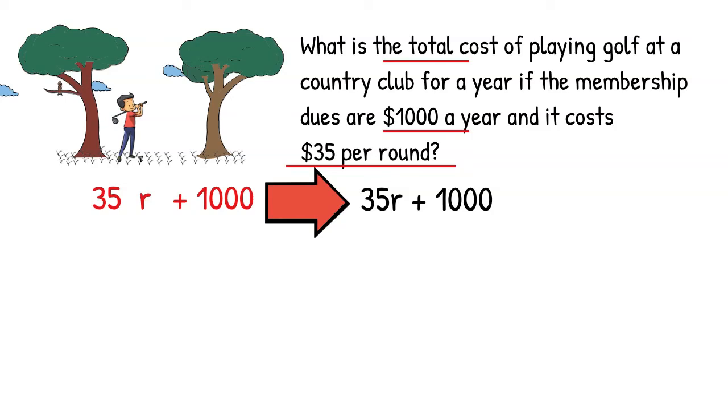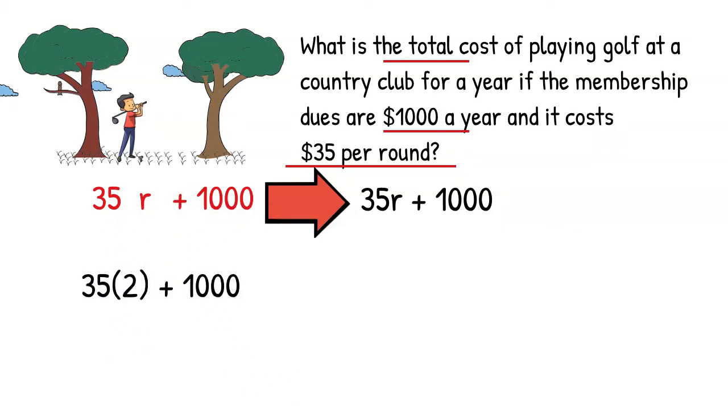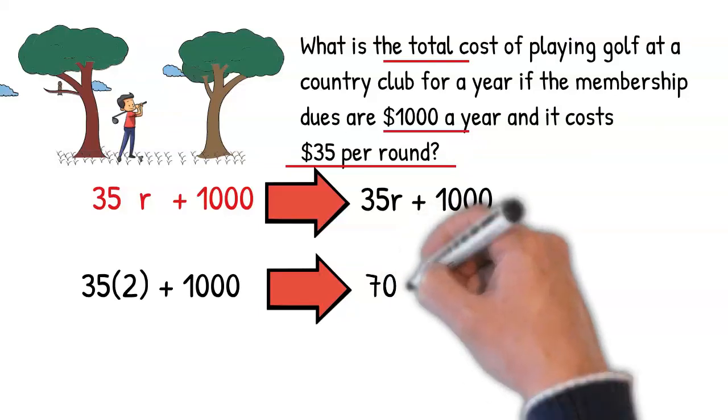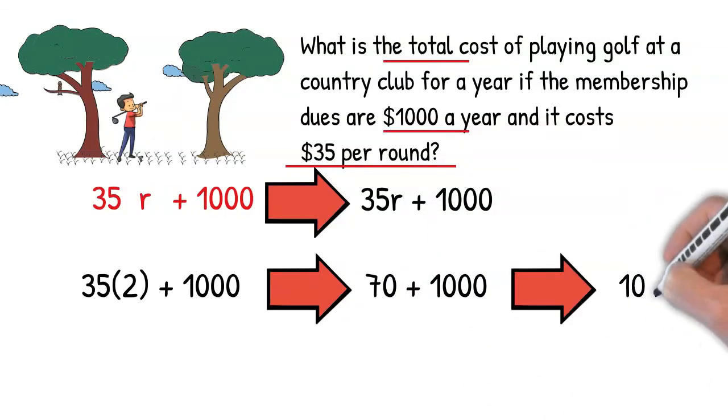If we play 2 rounds, put the 2 in for R. 35 times 2 plus 1,000. Using the order of operations, 35 times 2 is 70. 70 plus 1,000 is 1,070. It will cost $1,070 per year to play 2 rounds of golf as a member of the club.